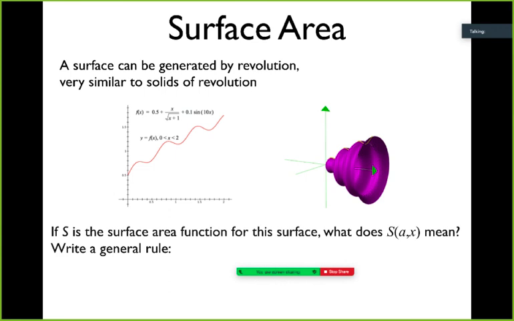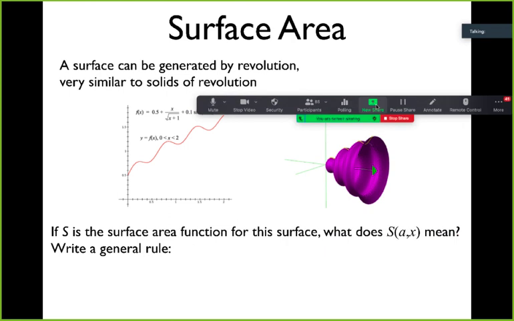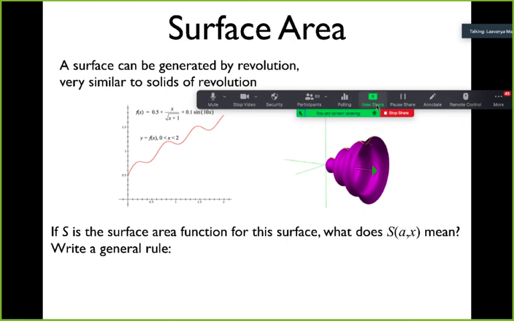Okay, so if S is the surface area function for this surface, so capital S is surface area, little s is arc length, capital S is surface area, what would S of a, x mean? The surface area from a to x.